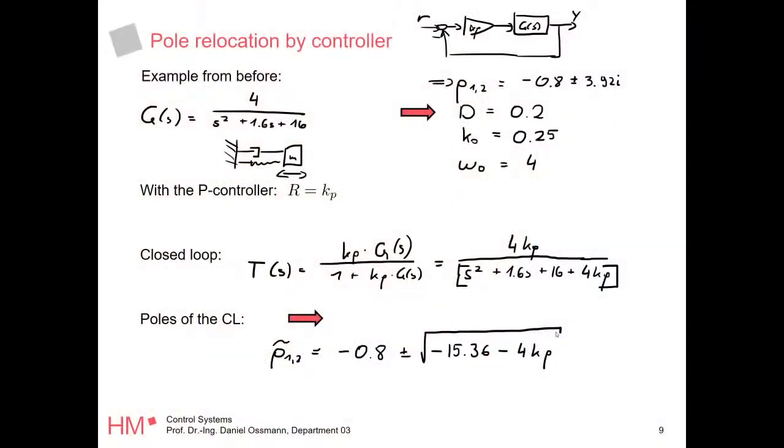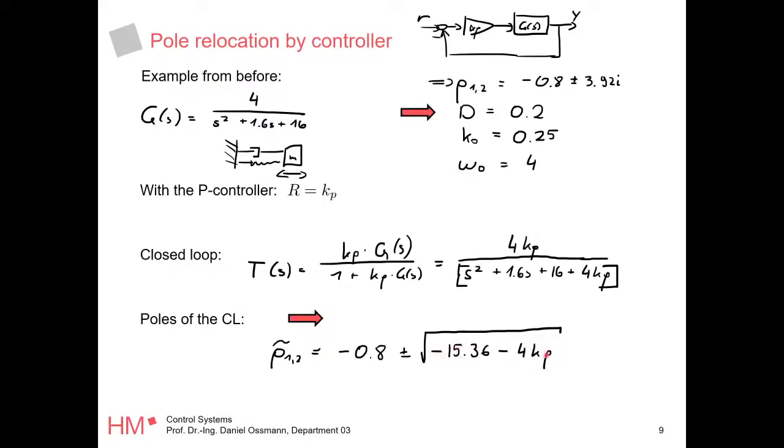Okay. So, what happens if Kp is positive? So, if this Kp is positive, this guy here, right, minus 15 minus 4 times Kp is always going to be negative. I hope you agree.